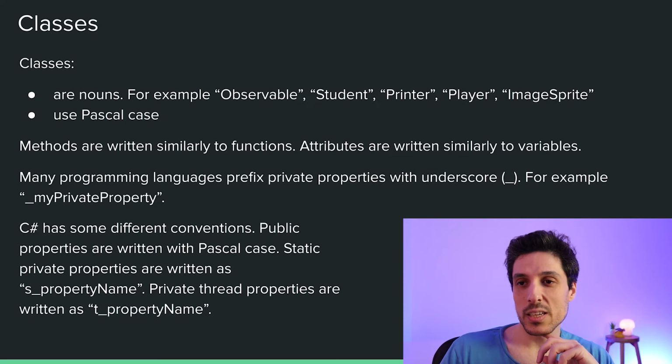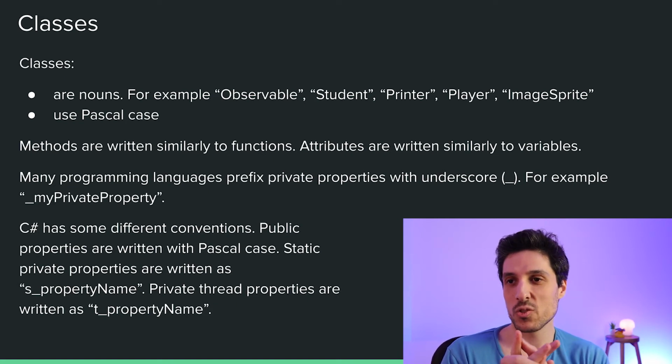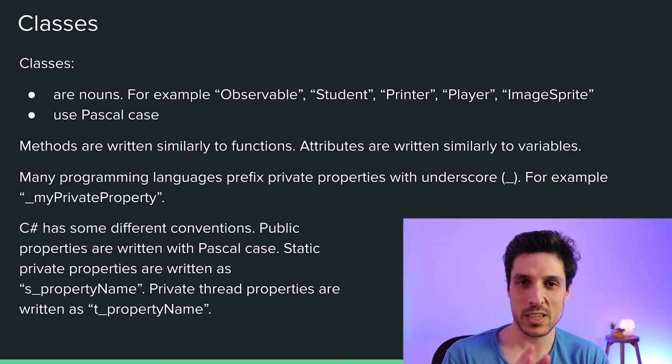Now, if you were going to create your own convention for whatever reason, then I personally quite like the Unity convention, the Unity game engine. What they do is use Pascal casing for public methods.